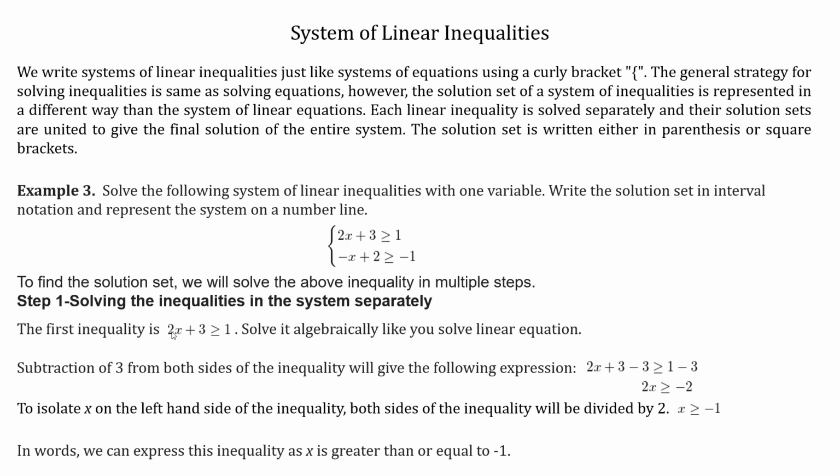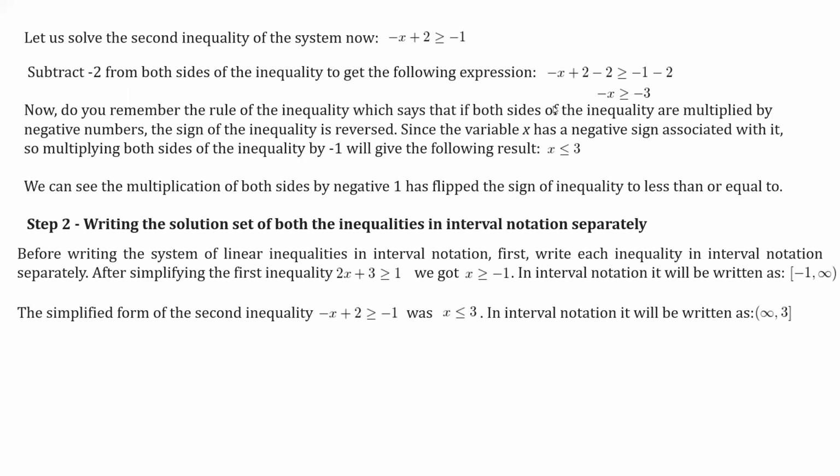To solve this inequality, we subtract 3 from both sides, and to isolate x on the left hand side of the inequality, we divide both sides by 2. Giving this result, we can express this inequality as x is greater than or equal to -1.